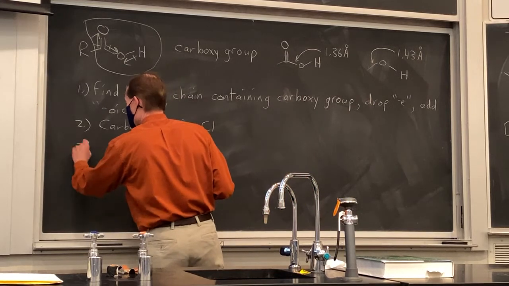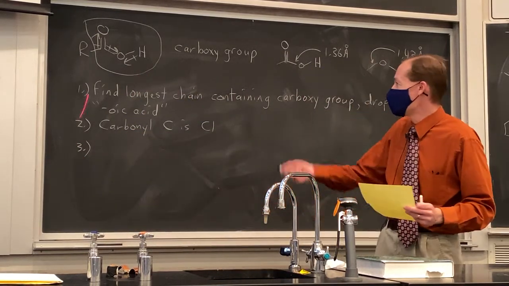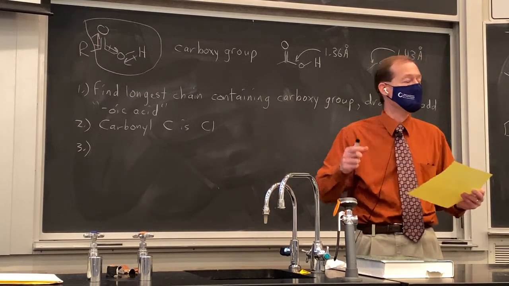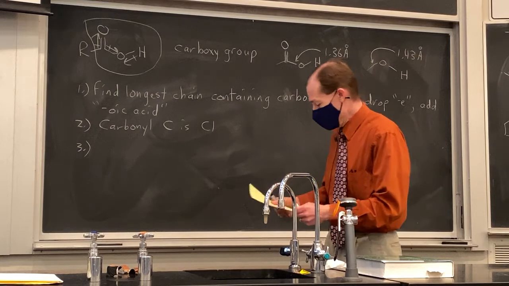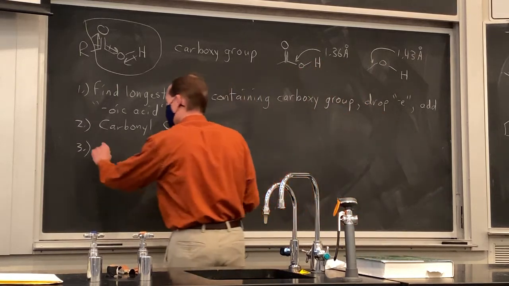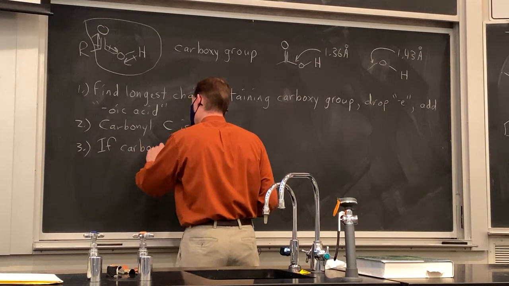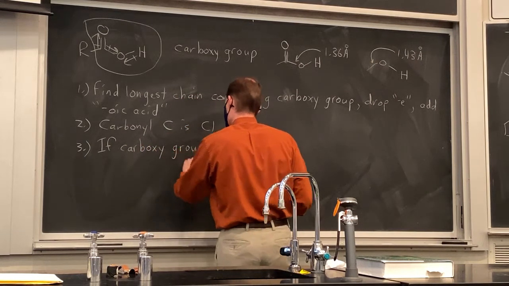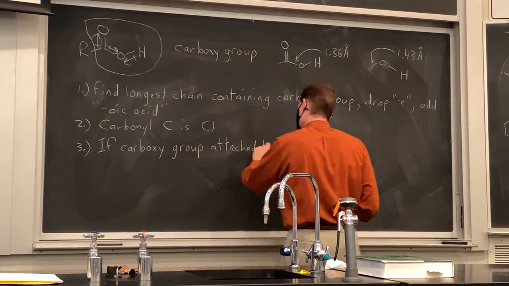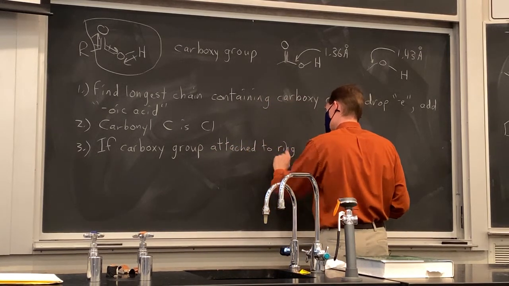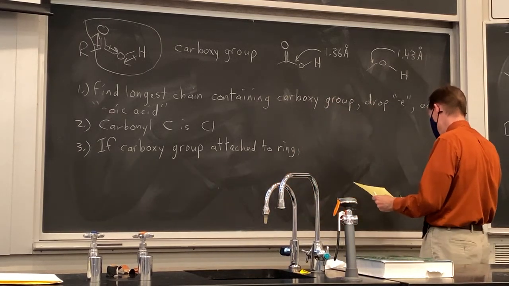We can also have cyclic carboxylic acids. We cannot have a carboxylic acid in a ring because we only have one thing attached to it. But we can have a carboxylic acid coming off of a ring. And when we have that, so if our carboxy group is attached to the ring, then we have a different suffix, okay?